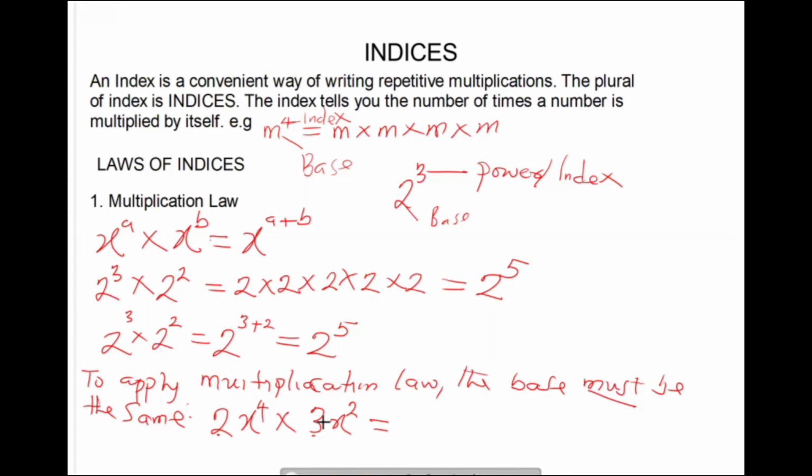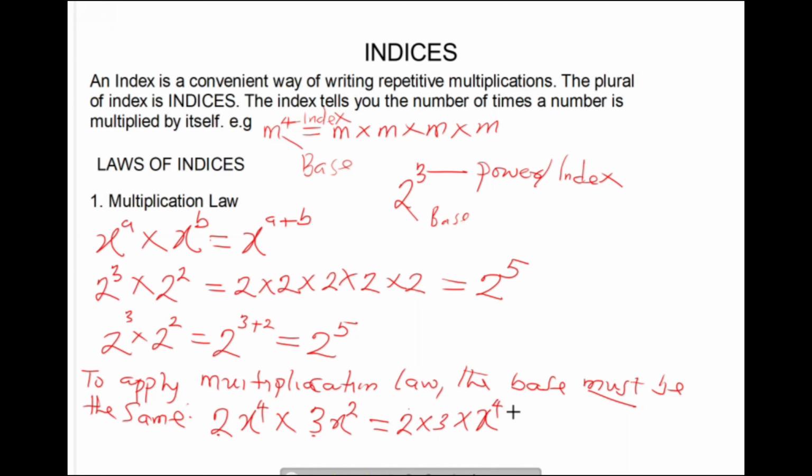So we should not forget our normal basic thing that we learned from the junior class. Because 2 multiplied by 3 is 6. So that means we have 2 times 3 multiplied by x to the power of 4 times x to the power of 2. The base here is still x, and the operation there is still multiplication.